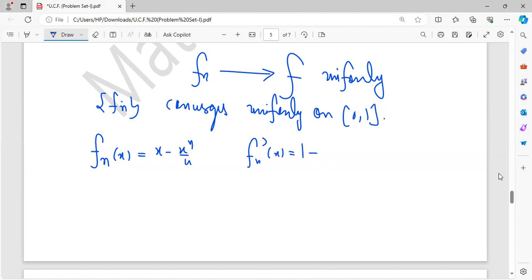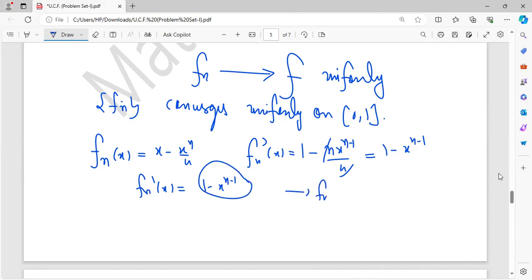It has 1 - n x^(n-1)/n, n will be cancelled. So the derivative function is 1 - x^(n-1). Okay. Now, this is a continuous function. f_n' is continuous for each n.